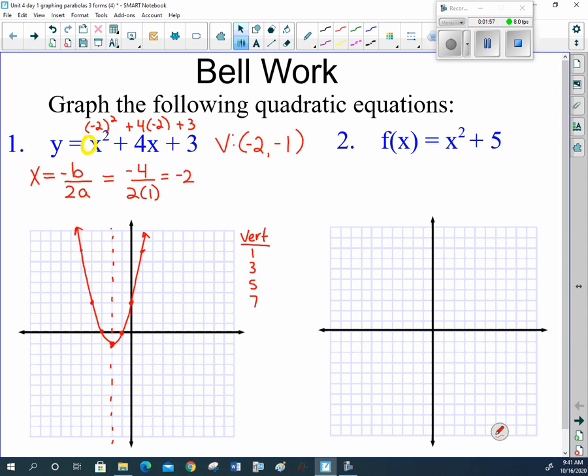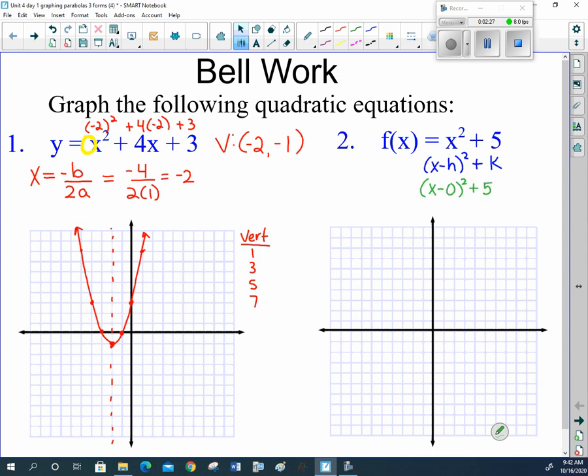All right, over here, number 2, you could think of number 2 as either vertex form or standard form. When I look at it, I kind of see vertex form. I'm kind of thinking it looks like this, x minus h squared plus k. Even though I don't see parentheses, I know that since there's nothing added or subtracted from the x squared, really what you have is a 0 there.